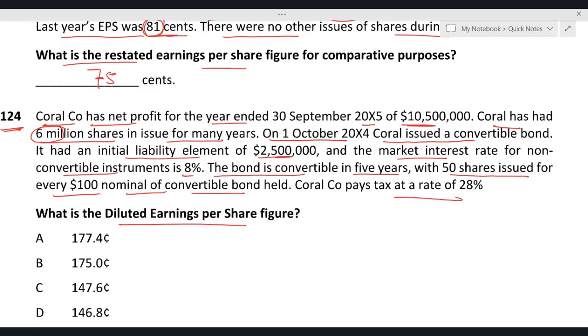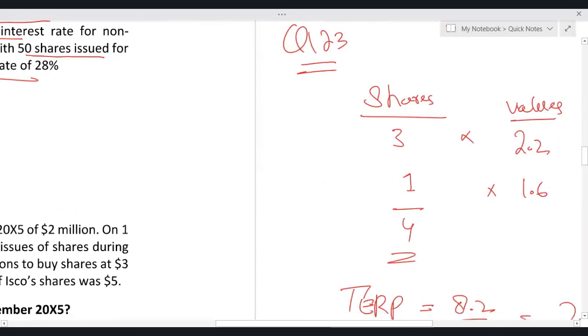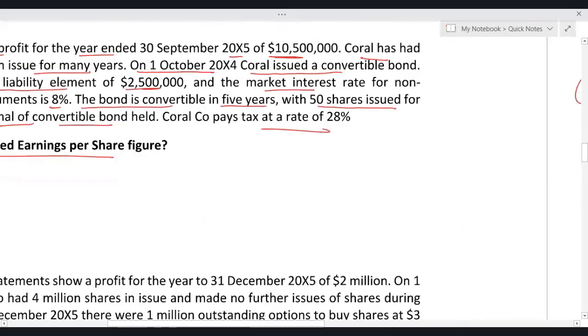Now what to do? Let me show you. Question is 124. We already have the number of shares. I'm just ignoring 3 zeros, that is 6,000.